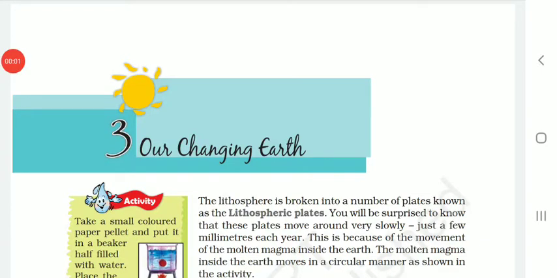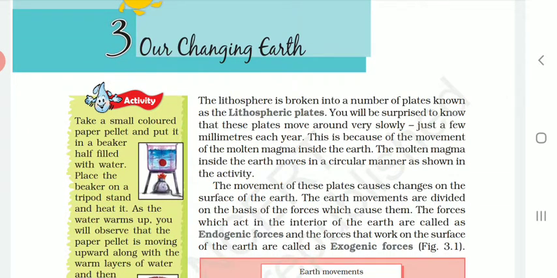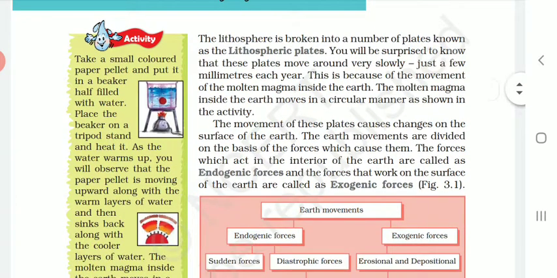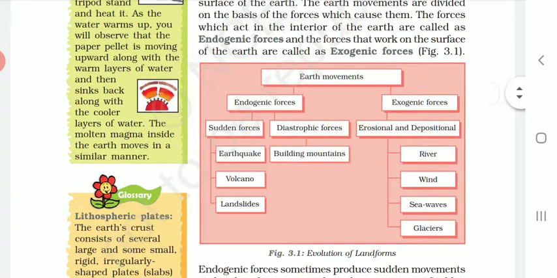Good morning, students. So, we have started to discuss the third chapter of geography, that is, our changing earth. In this chapter, till now, we have discussed the lithospheric plates, as well as the endogenic forces and exogenic forces.